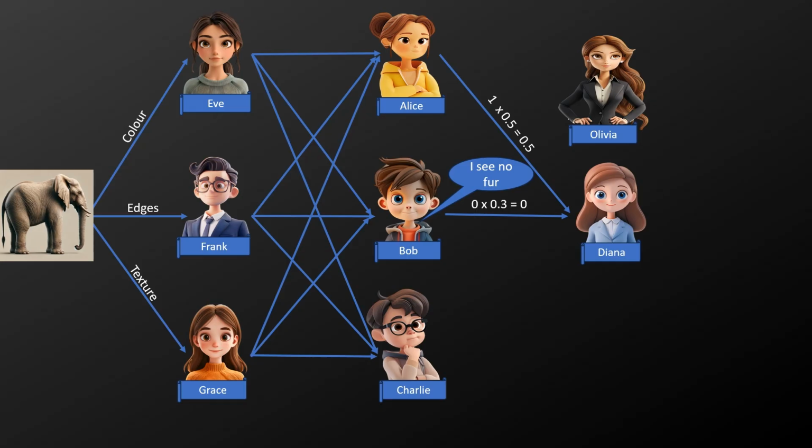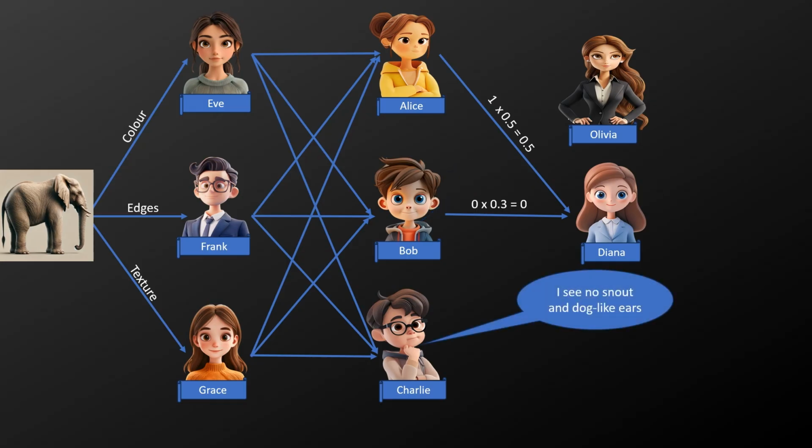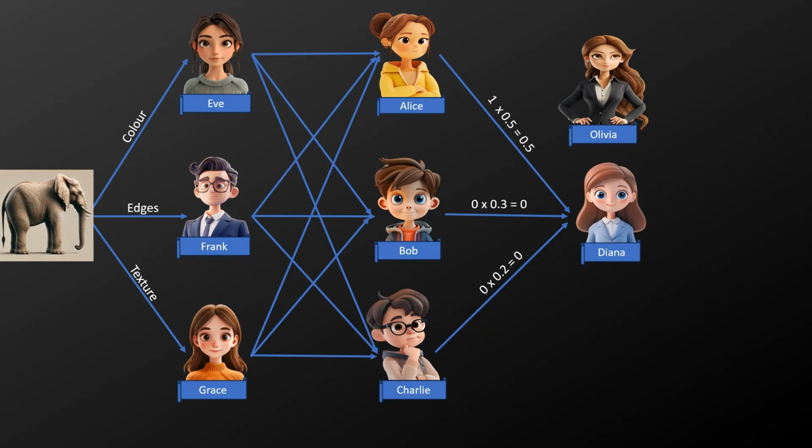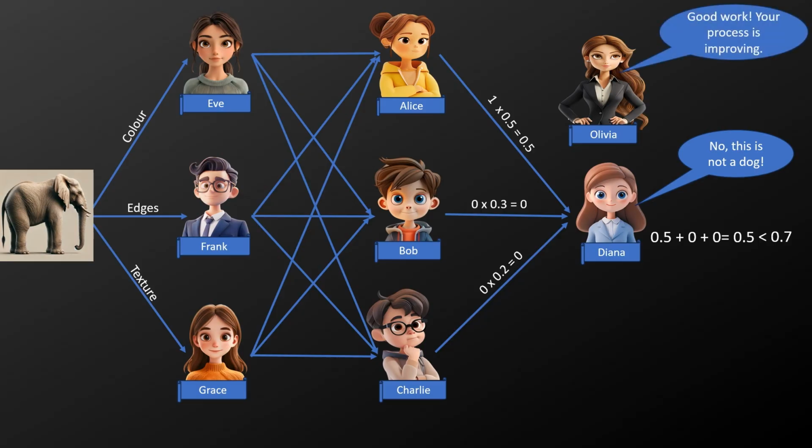Charlie doesn't see a snout and dog-like ears and outputs 0. So he adds 0 into 0.2. Diana sums up the scores and sees it's below the threshold value. So she concludes, it's not a dog. Olivia checks the answer and sees that Diana was right again. She again provides the feedback to the team, boosting their confidence.